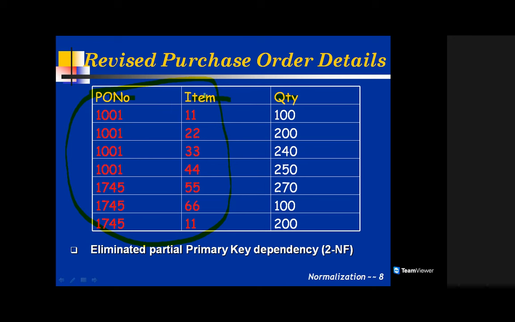Now the quantity is dependent on item number and also dependent upon PO number, hence the non-key attribute is fully functionally dependent on this, so it cannot come out. Even though you apply it, you don't get anything from this table, hence you skip the second normal form here. Otherwise you can apply it if you want to. If you apply it, you don't get anything, so this is already in the second normal form.